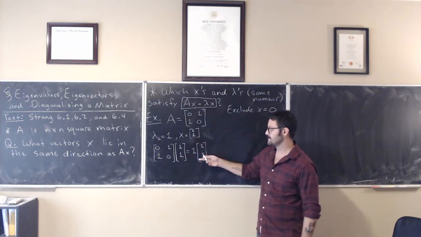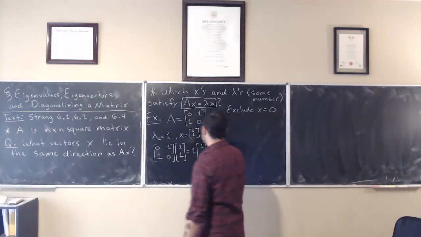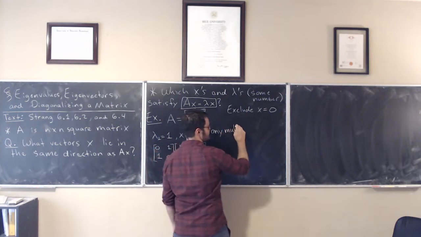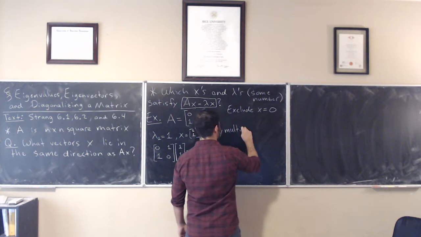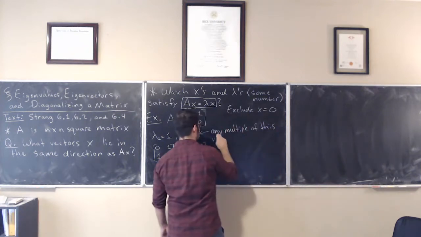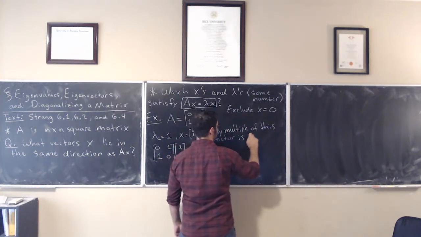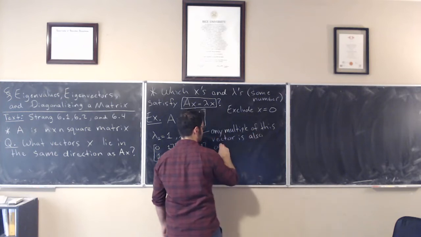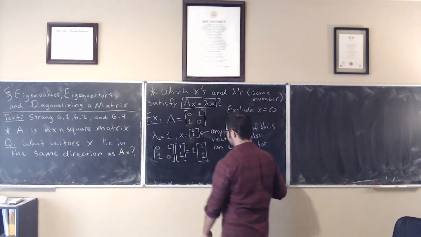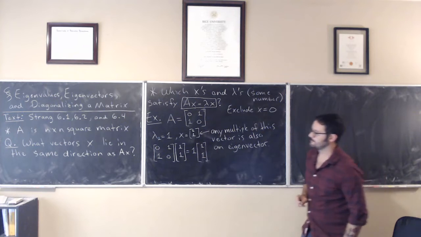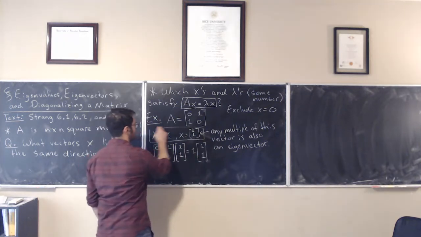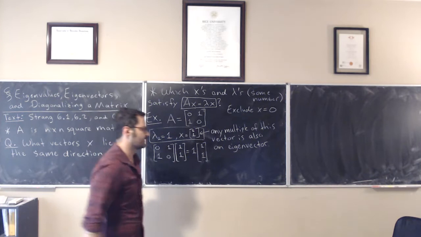Like if that was a 4 and a 4, it would still work. In fact, any multiple of this vector is also an eigenvector. All right, this is good. We found an eigenvalue and we found a corresponding eigenvector.